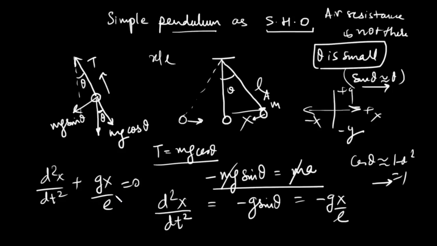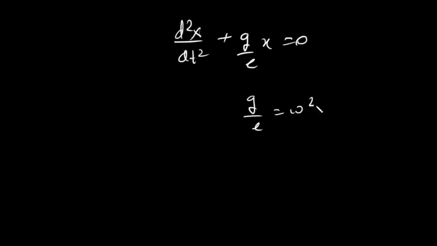Whatever the displacement is, I am not concerned with it. I only want to find out the time. So we have the equation d square x by dt square plus g by L times x equal to 0. Now I assume this g by L to be omega square.